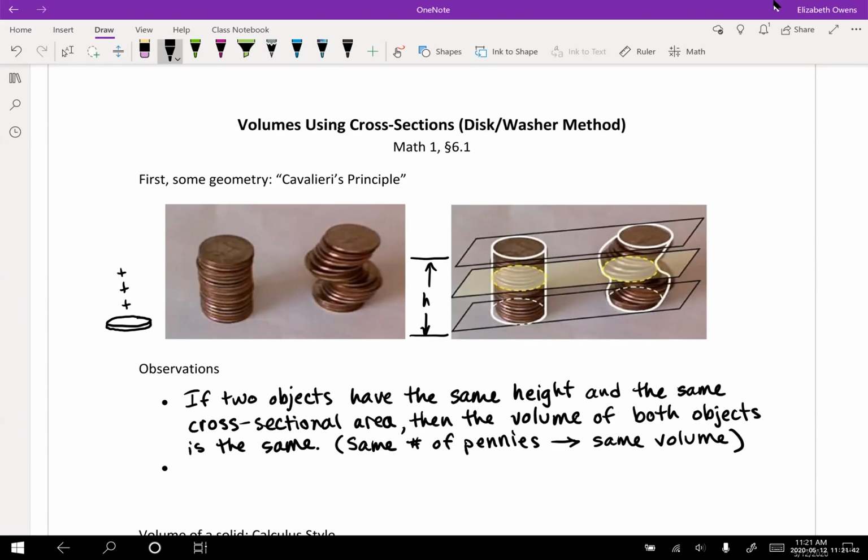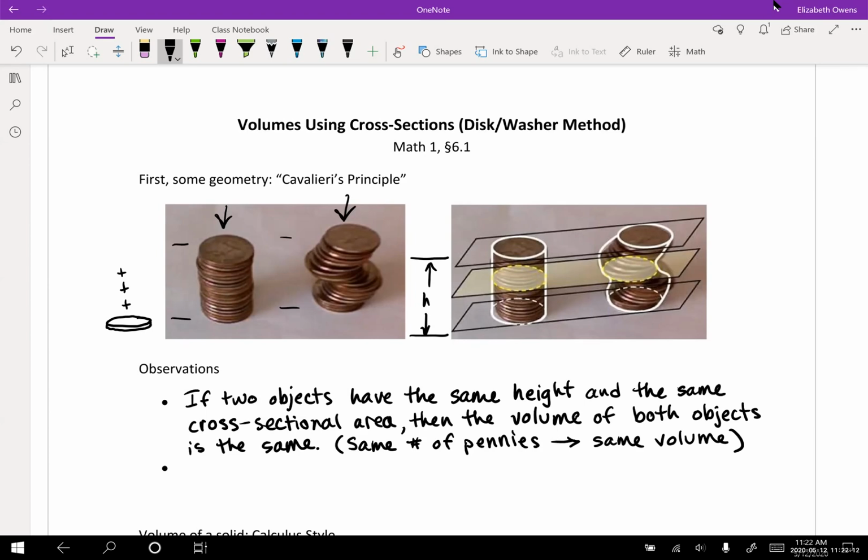We come up with the total volume for this cylinder, but then we've actually added up the exact same number of little slices of volume over here. Okay, same number of pennies. So whatever the volume of 15 pennies is, we have that much volume in both stacks. It's just one has been stacked up straight and the other one's been stacked up in a kind of curvy way.